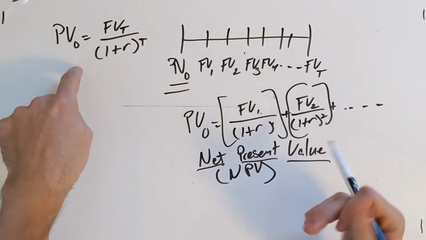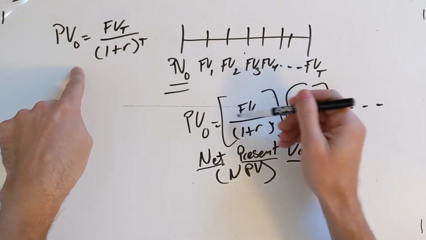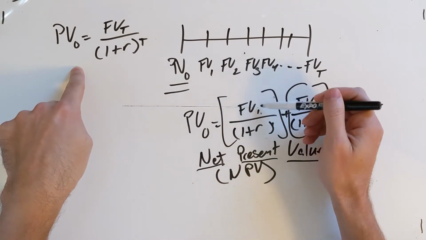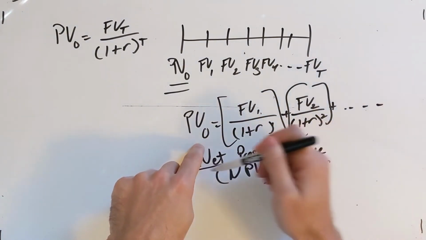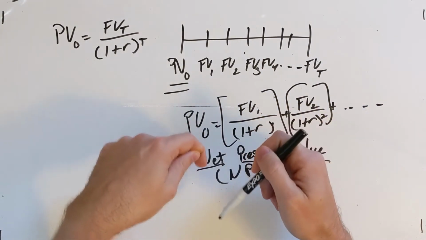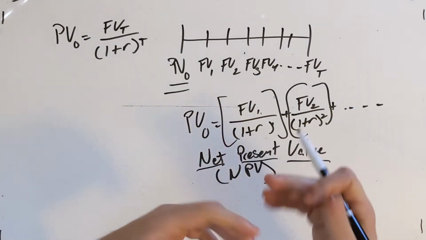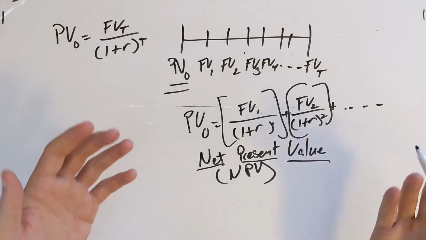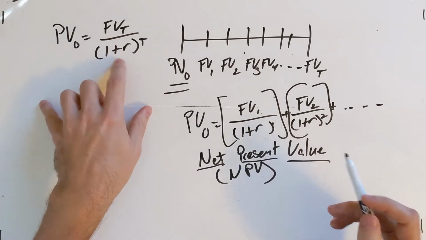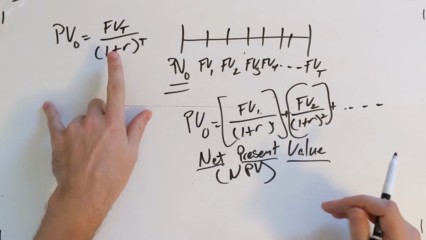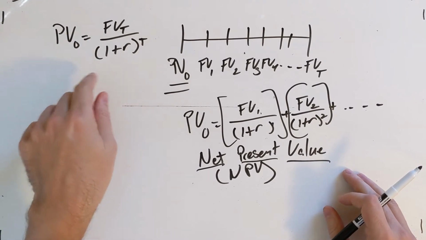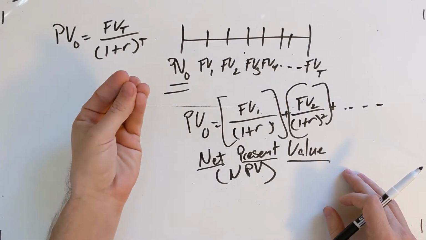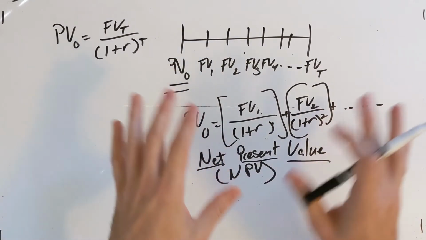Because the nice thing is, if we move the value from year one back to today, and then we move the value from year two back to today, well, both of those values are in the same time period, and we can add them up. All right, time value of money handles a problem for us, which is that equivalent dollar values don't have the same actual value if they happen at different periods of time, right?